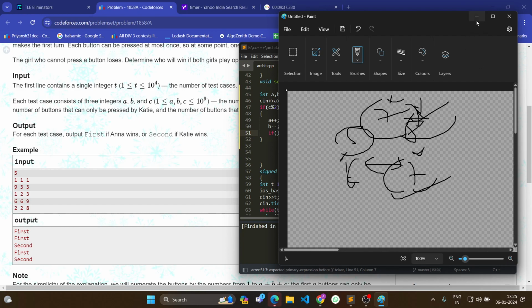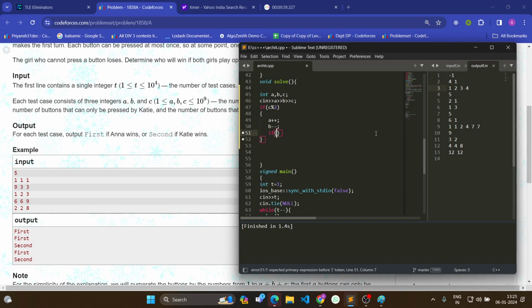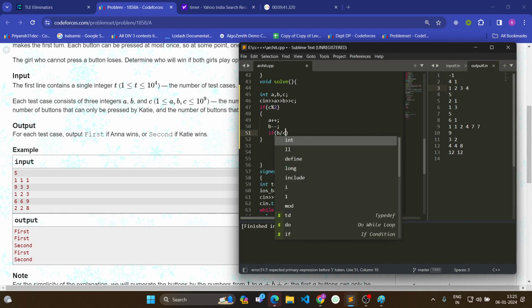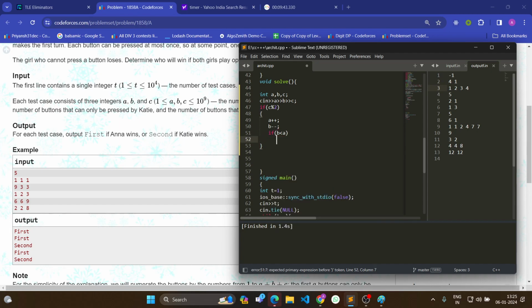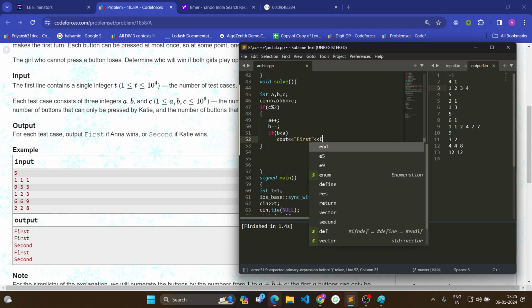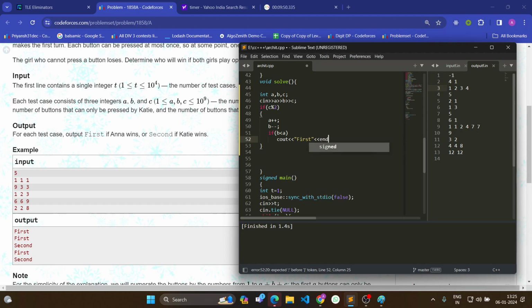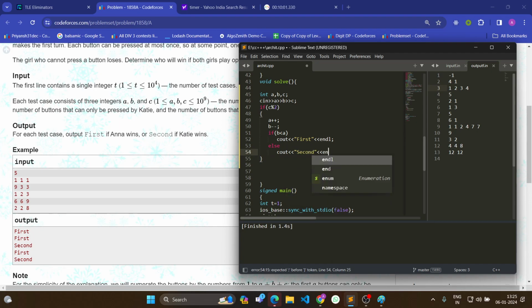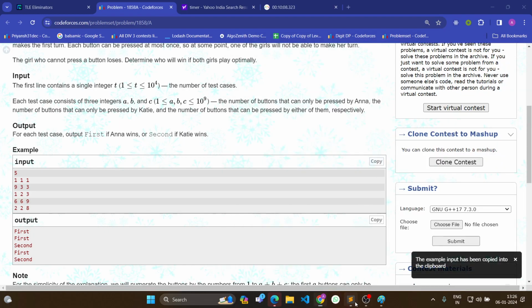So the number of buttons Katie has must be less than or equal to, if B is less than A, C out first, else C out. And yeah, let's see.